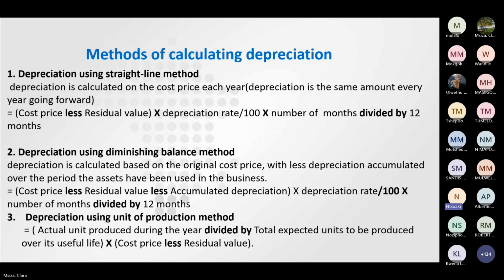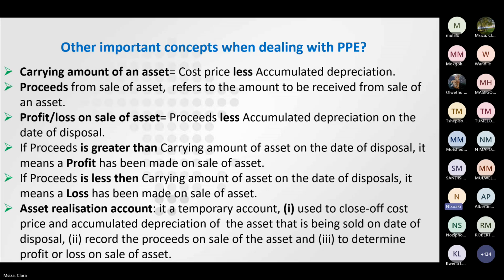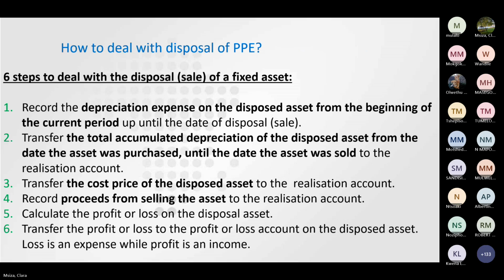Now, remember we were given initially the cost price of the asset is 100,000. And then when you calculate your accumulated depreciation for year one with the rate of 20%, for year one, on both methods, you get 20,000. But on year two, you are going to get 20,000 on straight line, and on the second year, you're going to get 16,000.